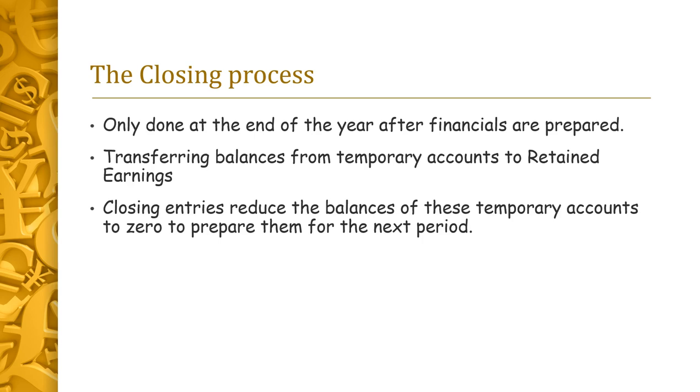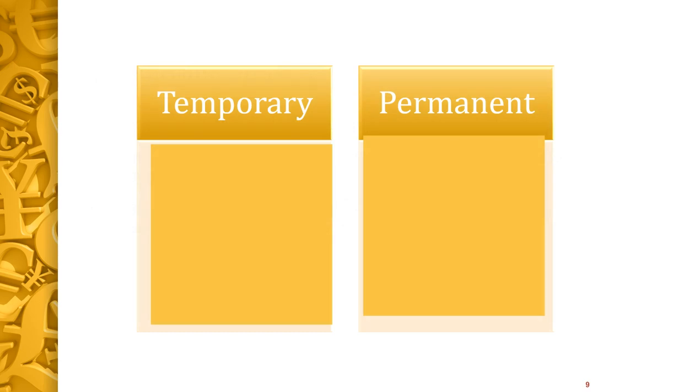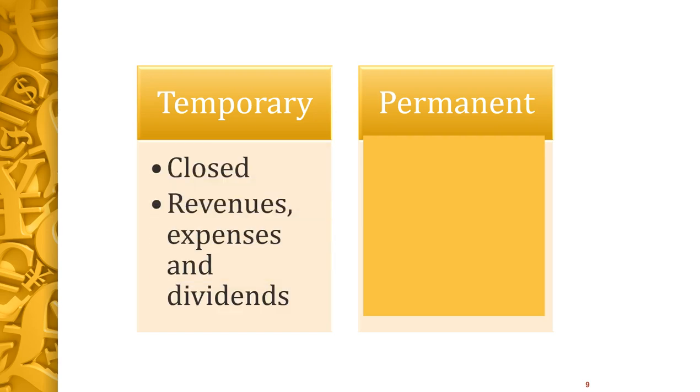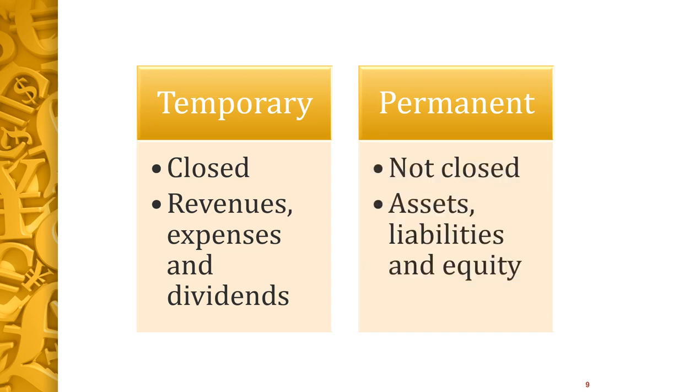So we're going to reduce all of our temporary accounts to zero. And we do this at year end, after we prepare the financials. Again, temporary accounts closed are revenue, expense, and dividends. Permanent accounts are not closed. These are assets, liabilities, and equity.